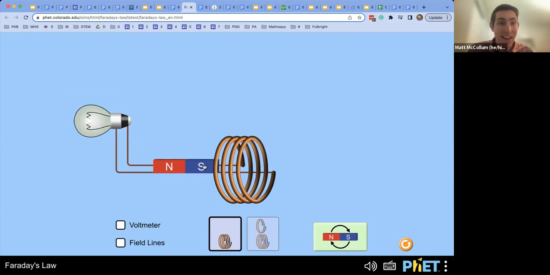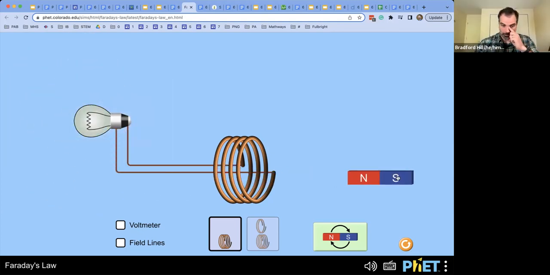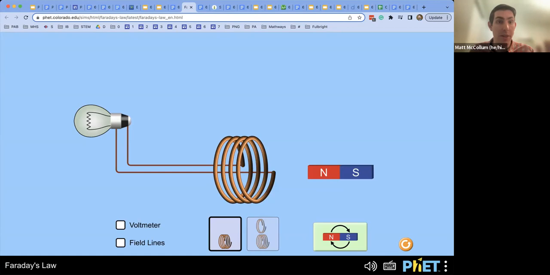The big idea for them is that we can flip this both ways and change this motion and make electricity. And we focus on this so much because almost every energy source that we use besides solar uses this basic concept, taking motion and generating electricity.